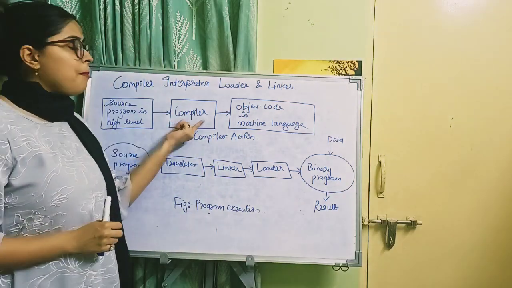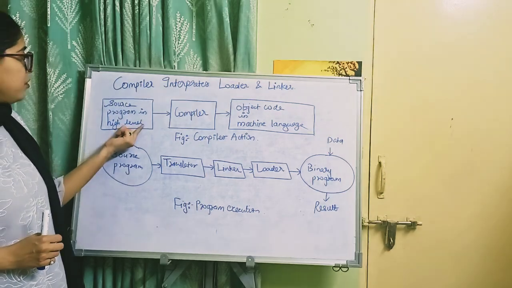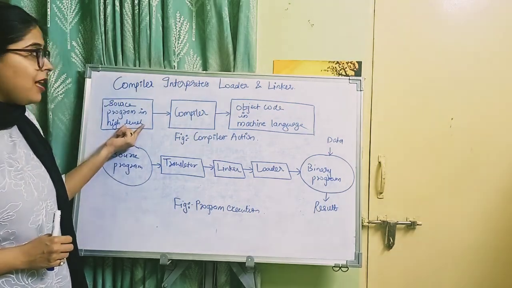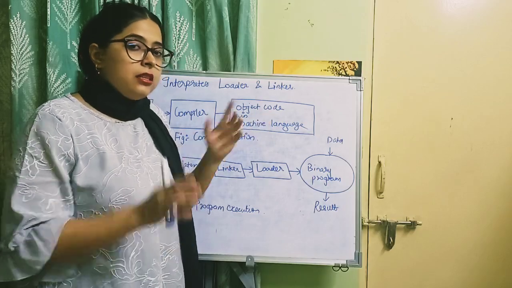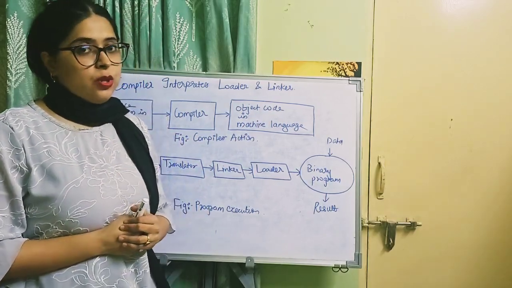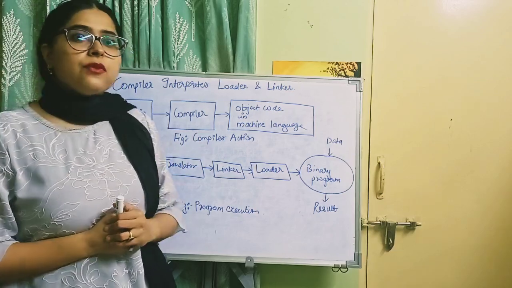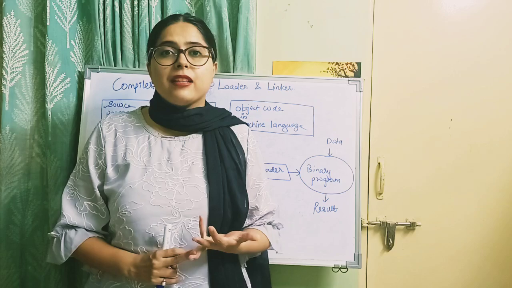Now what does this compilation process consist of? The compilation process consists of analysis of the source program in the high level language and synthesis of object code in the machine level language. These are the two processes under compilation. Okay, now what does the analysis phase consist of? It consists of the lexical analyzer, syntactic analyzer and semantic analyzer.